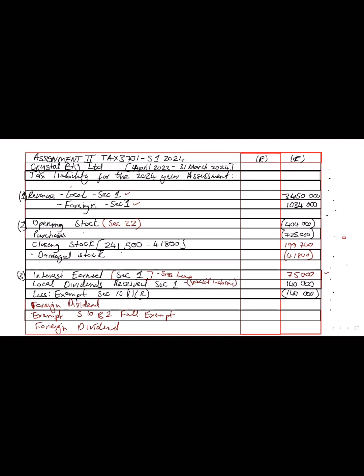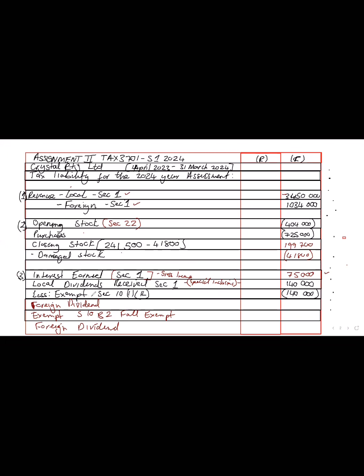So according to special inclusions, any local dividend, if you receive a dividend from DSTV or Bidvest or Capitec or Standard Bank, according to section 1, you include it. So no brackets.